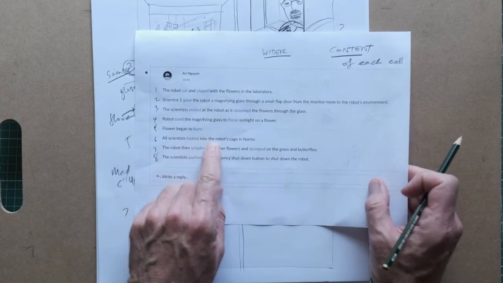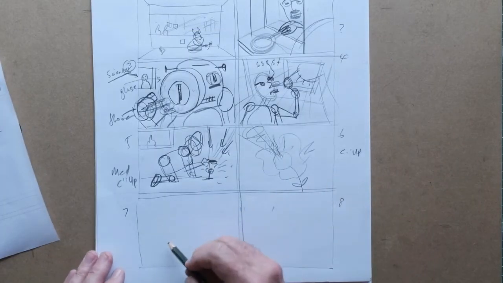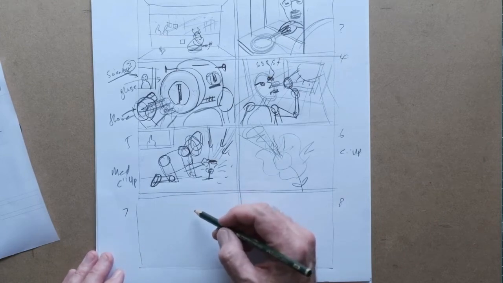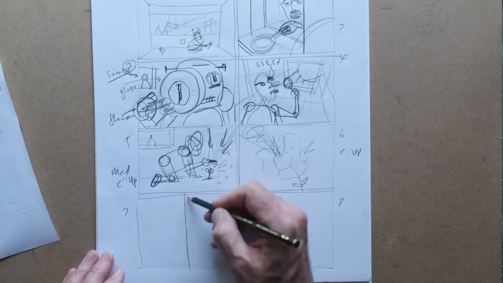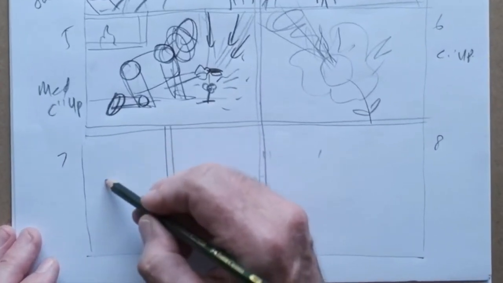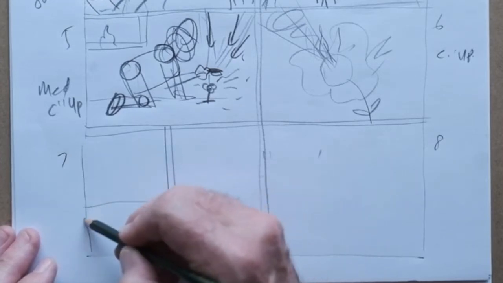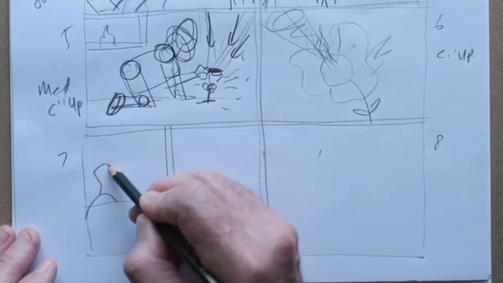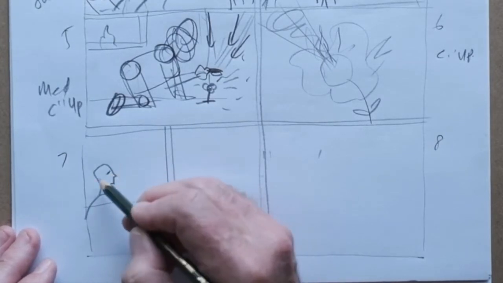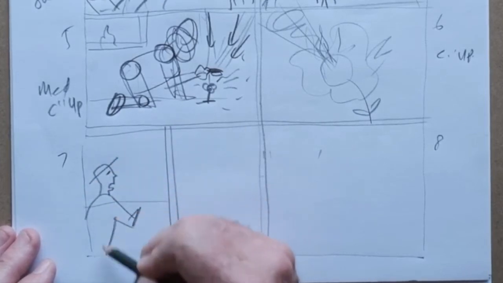Okay, and then all scientists look into the robot's cage in horror. So we might have a focus on the scientist now. Maybe we need an extra image here. Maybe this is from the point of view of the scientists. Sort of looking at each other.